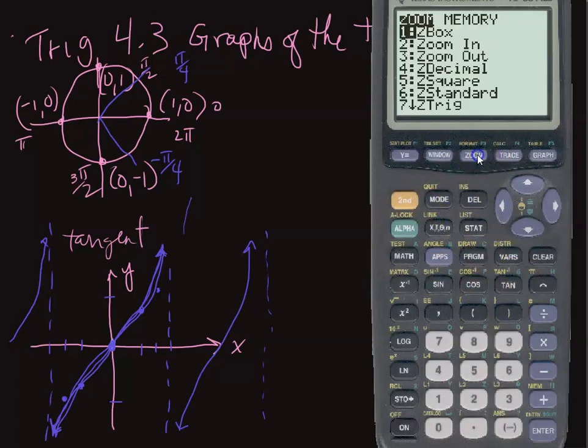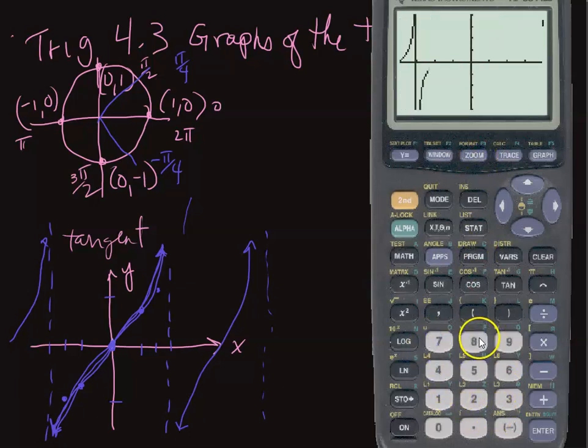We can do this zoom trig. On this old TI-83, this vertical line is not supposed to be drawn. It's not part of the graph. You can think of it as this vertical asymptote, but it's really not supposed to be there.